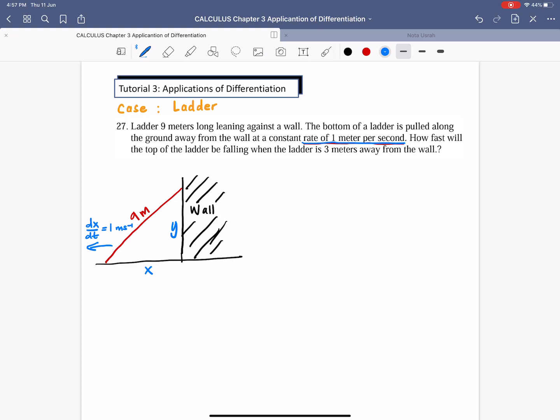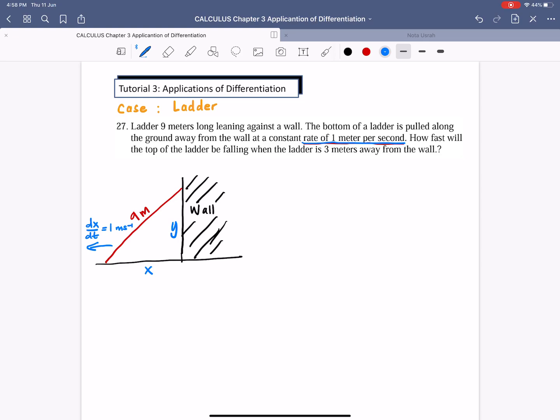But if I change the question so that the bottom of the ladder is pushed toward the wall, then the x value will decrease, and dx/dt will be a negative value. But in this question, dx/dt is positive because when we pull, x increases. So dx/dt is positive 1 meter per second.